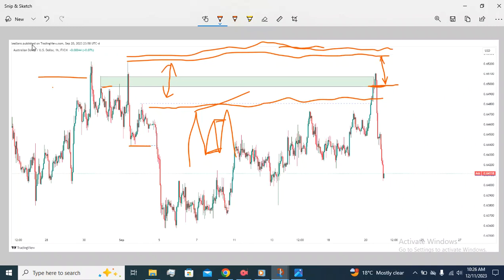Now, this was AUD/USD, Australian dollar, US dollar. This was published on September 20th, 2023. Let's try to estimate this figure. How much was this turning to?